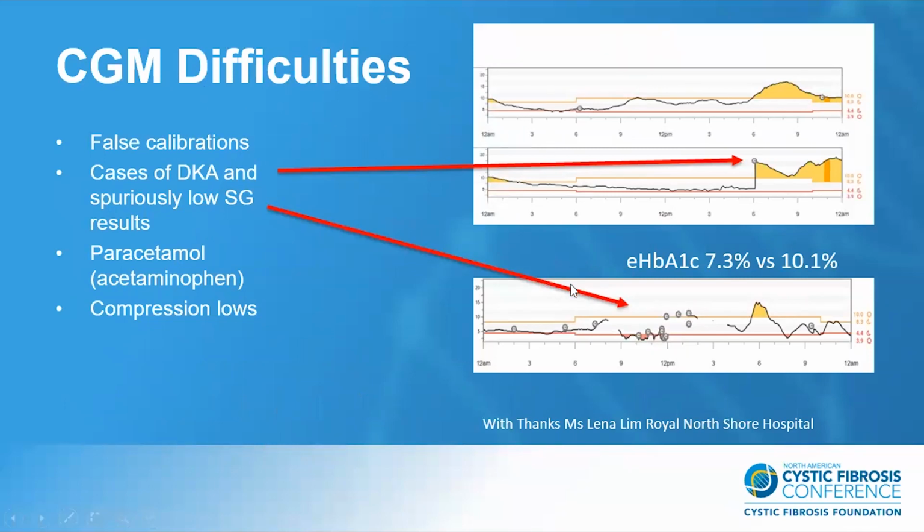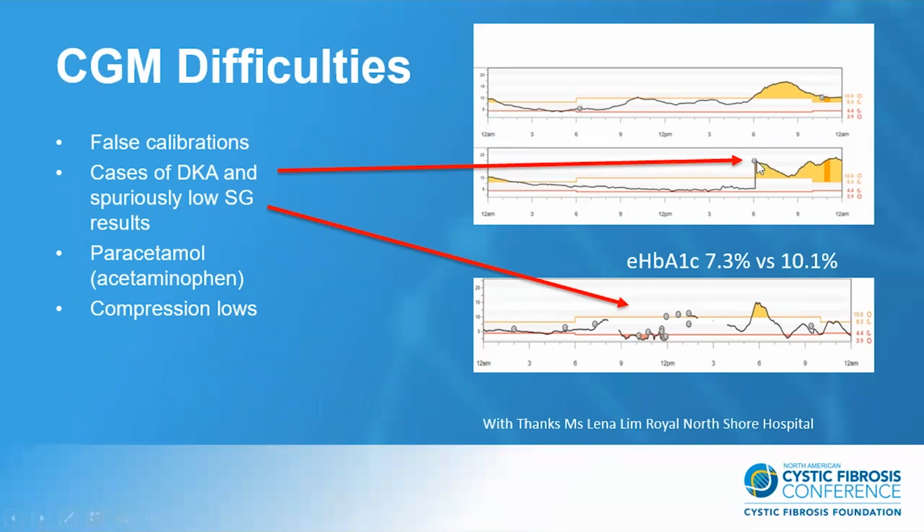So here are two examples of people who have put in false calibrations. This boy here put in a false reading at night and was slowly going into diabetic ketoacidosis through this period, but his mum thought everything was going well, looking at CGM values that were perfectly in range.